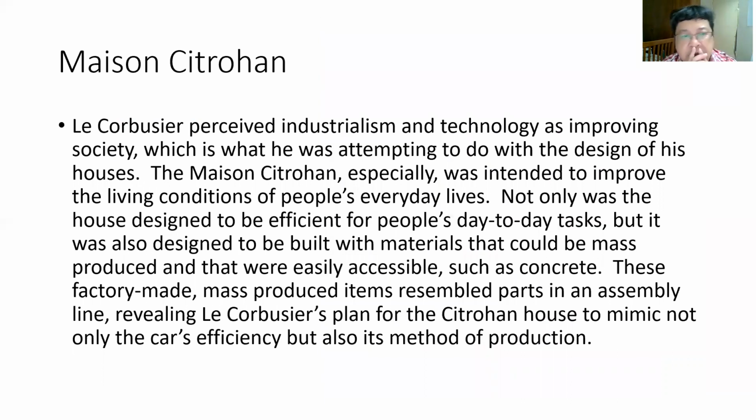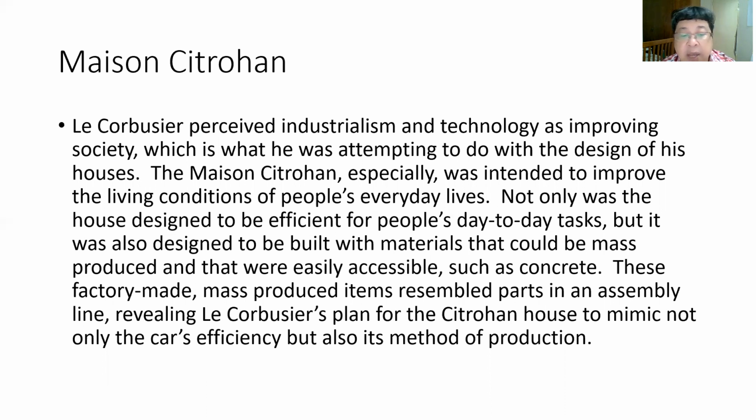So Le Corbusier perceived industrialism and technology as improving society, which is what he was attempting to do with the design of his houses, the living conditions of people's everyday lives. The house should be designed to be efficient for people's day-to-day tasks, but it was also designed to be built with materials that could be mass-produced and that were easily accessible, such as concrete.